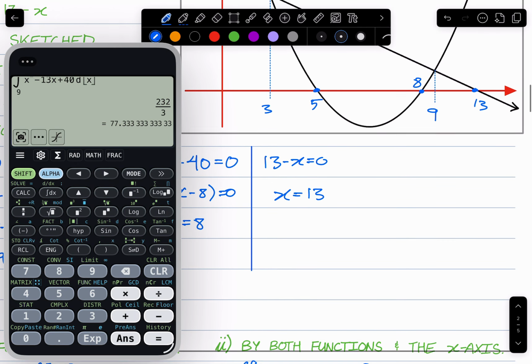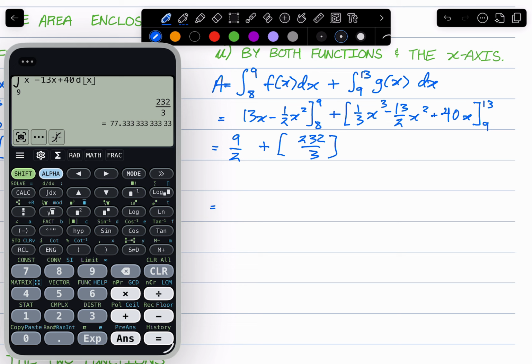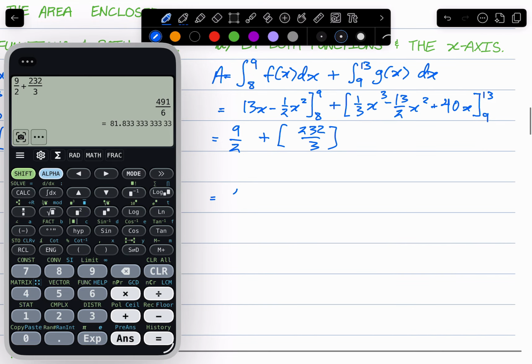This gives me 232 on 3. And to this, so 9 on 2 plus 232 on 3. All in all gives me 491 on 6 units squared.